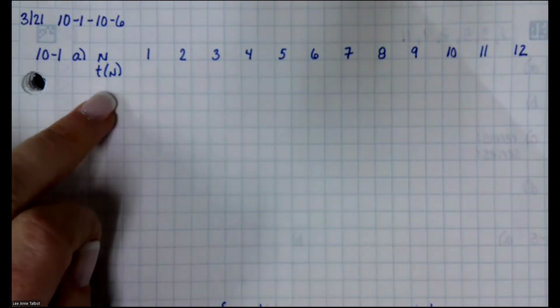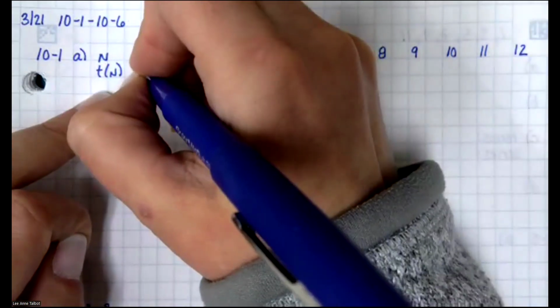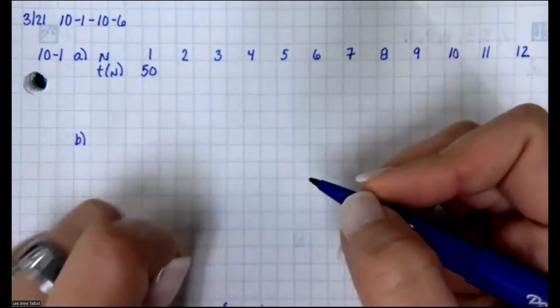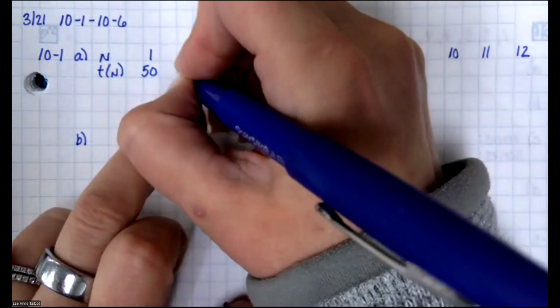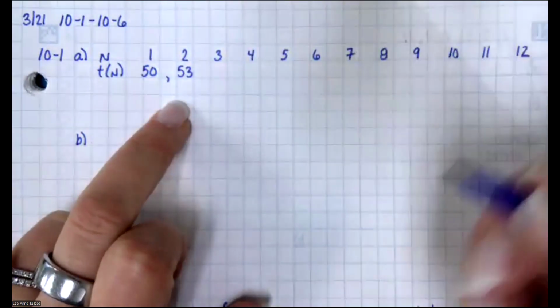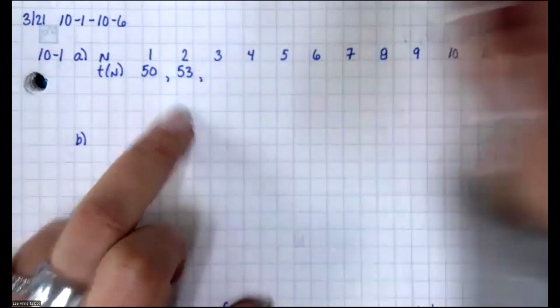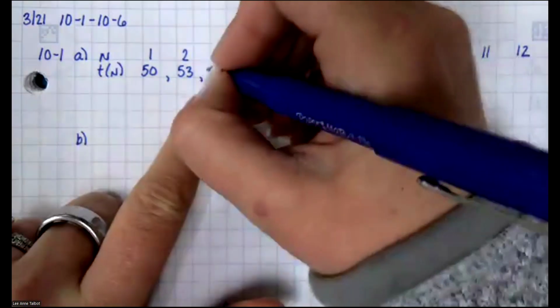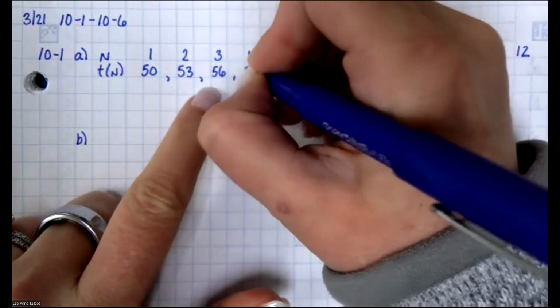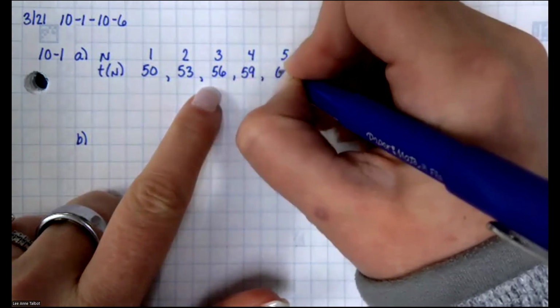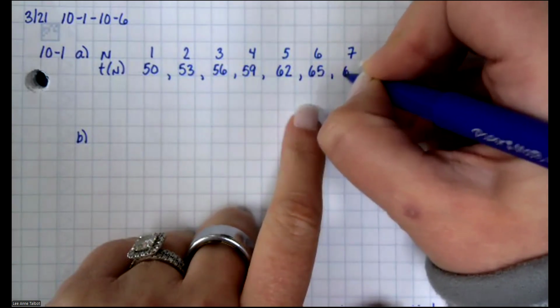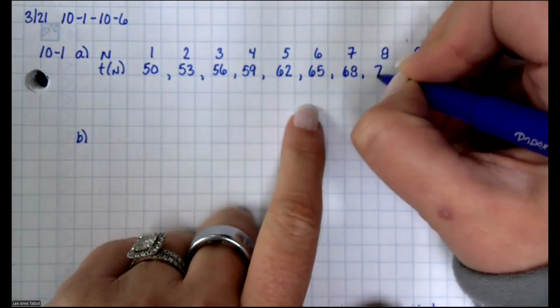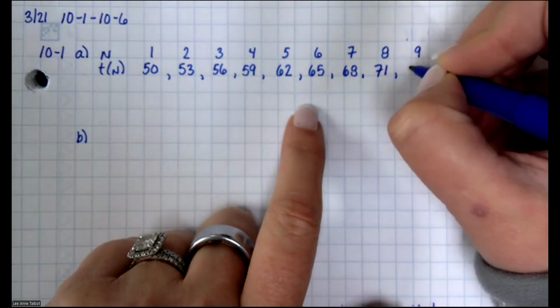And it said that in the first month, he put in $50. So we're right when she was born, when she was 1 month old. And then when she was 2 months old, he put in $53 and continued the pattern all the way until she was 18 years old. So in month 3, 56, 59, 62, 65, 68, 61.